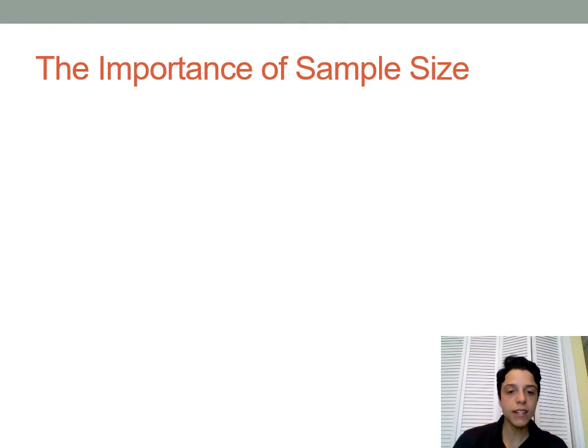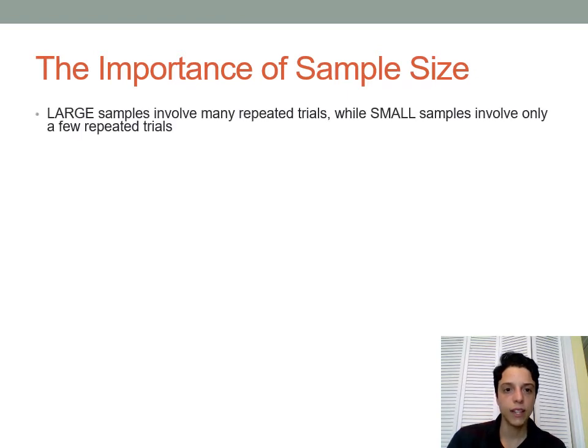All right, so the final idea that I'm going to introduce today is one that will also keep coming up throughout the semester, and that's the importance of sample size, and in thinking about samples as probability. So if you think about a sample as being based on the outcomes of many, many repeated trials, large samples would involve a whole lot of repeated trials, while small samples would only involve a few trials.